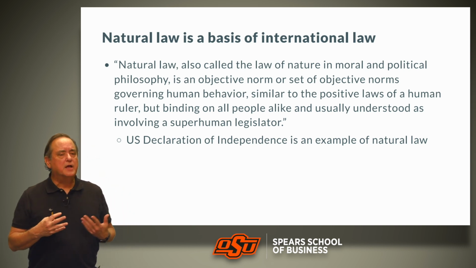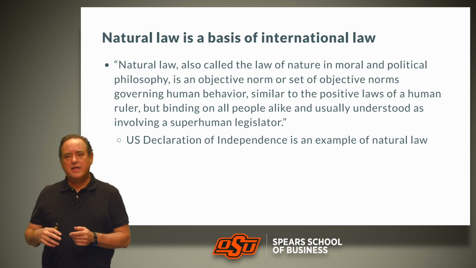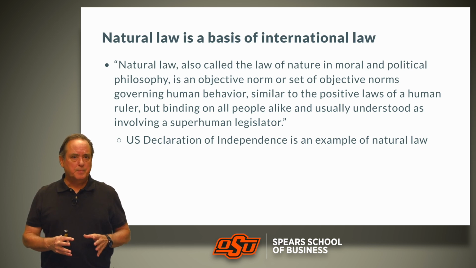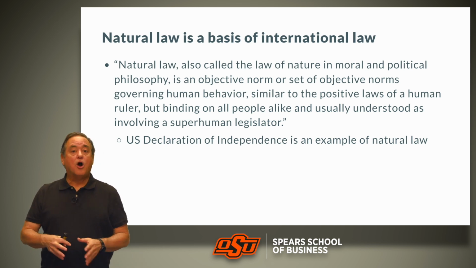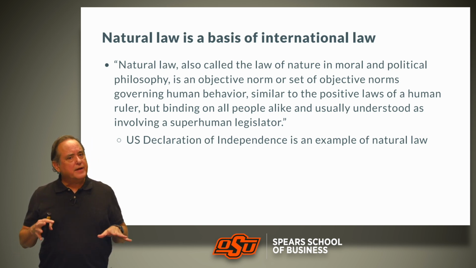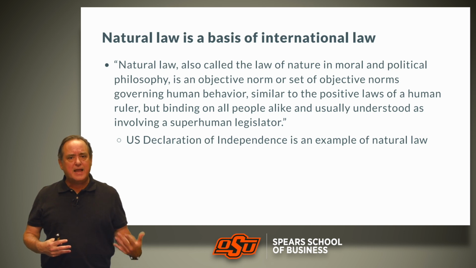And what we're talking about here is the idea that there are some laws that are fixed in nature, that there are some behaviors that are wrong or right without regard to what the law of a state would be.